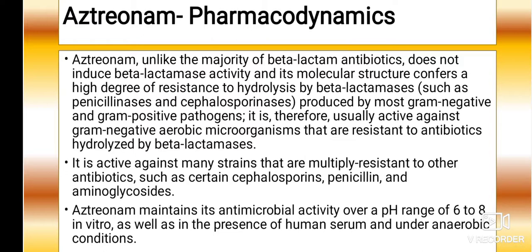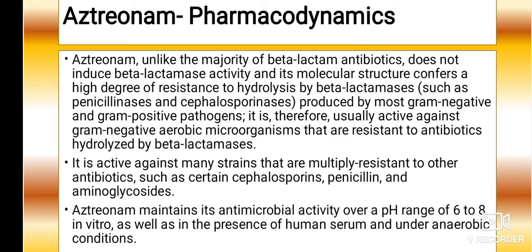It is therefore usually active against gram-negative aerobic microorganisms that are resistant to antibiotics hydrolyzed by the beta-lactamases. It is also active against many strains that are multiply resistant to other antibiotics such as certain cephalosporins, penicillins and aminoglycosides. This is also an important point.